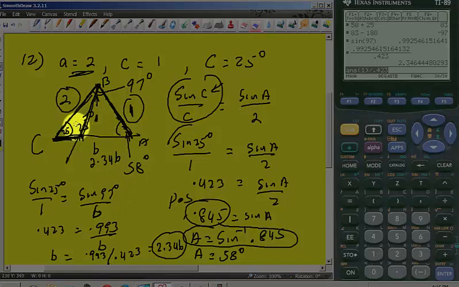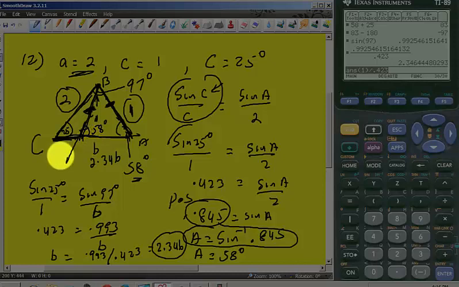So let's go ahead, put in, if we know that this side is the same as this side, and we found out this is 58 degrees. Since this is an isosceles triangle here, that'll be 58 also.